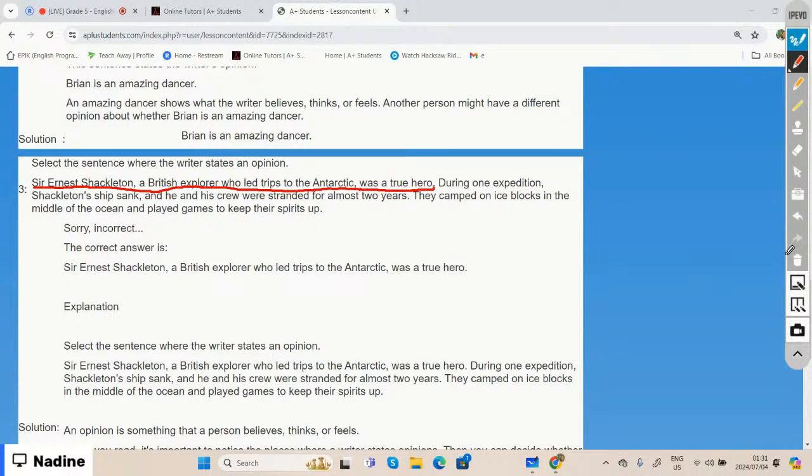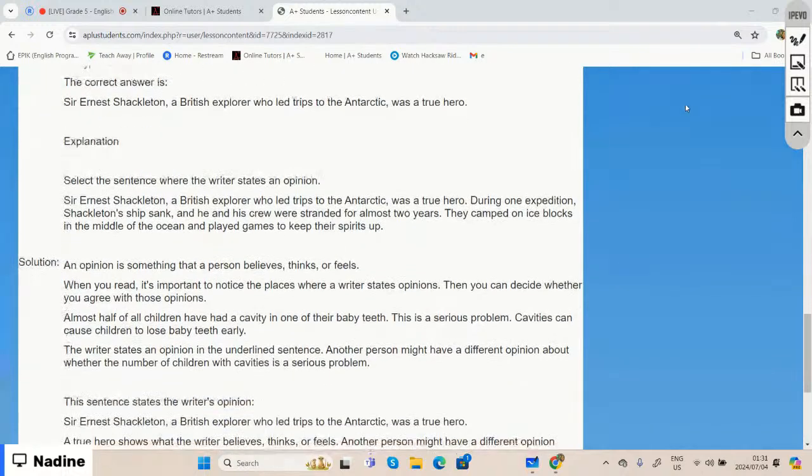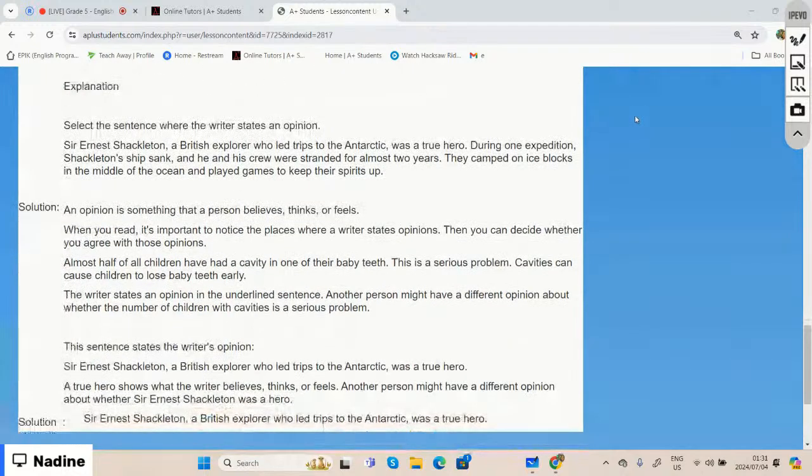And once again, like I say, when it comes to opinions, you think, you believe, or you feel that something is the truth. And a different person might have a different opinion about whether he was a hero or not.